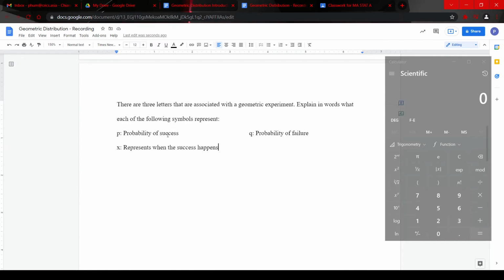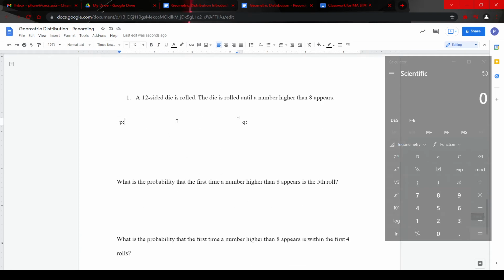So in order to see how this works, we're going to go through a few examples. In this example, a 12-sided die is rolled until a number higher than 8 appears. Our success is getting a number higher than 8, so the probability of success is 3 out of 12.